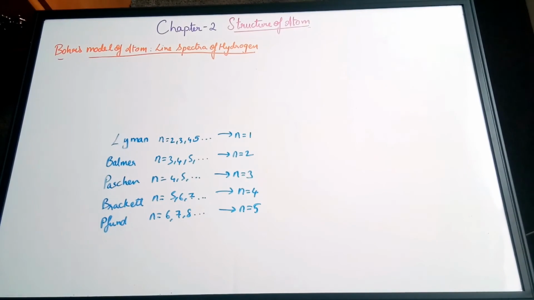So they are basically coming back to their respective energy levels.